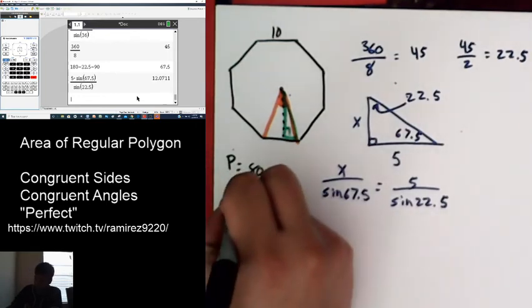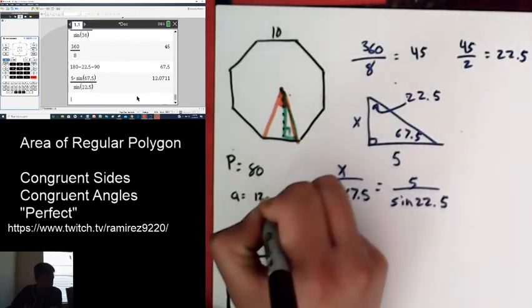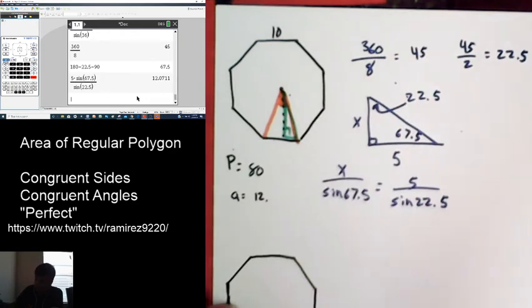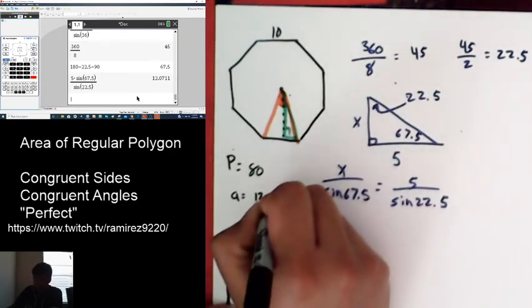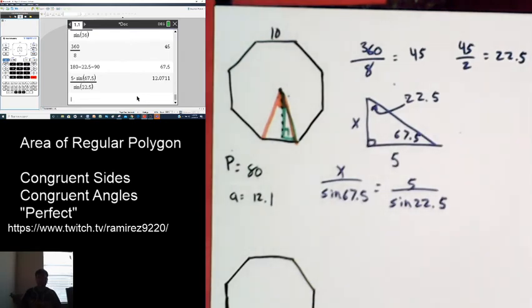Okay, so my apothem is 12.07. So I'm going to say 12.1, right? And I mean, that's pretty much it, guys, right?